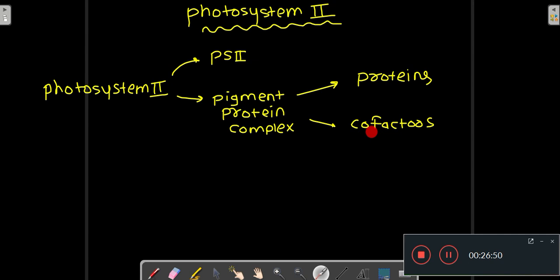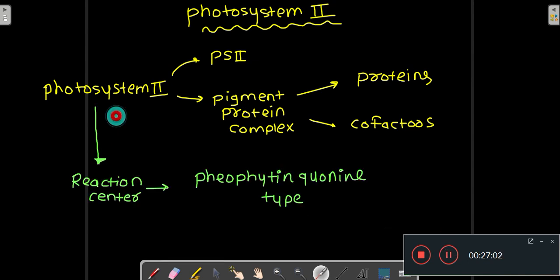Photosystem 2 is a pigment protein complex which contains several proteins and several cofactors. Photosystem 2 contains a reaction center of pheophytin-quinone type. Okay, pheophytin-quinone type of reaction center is present in your photosystem 2.